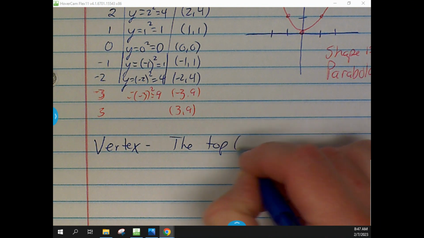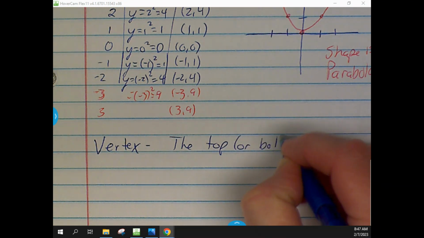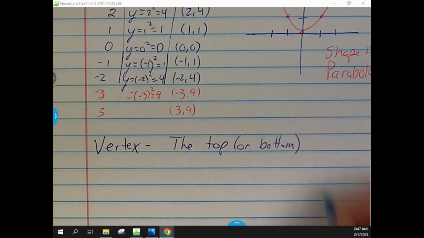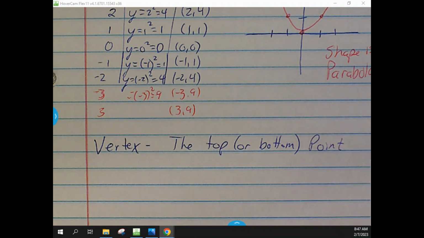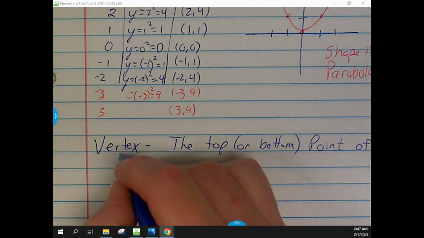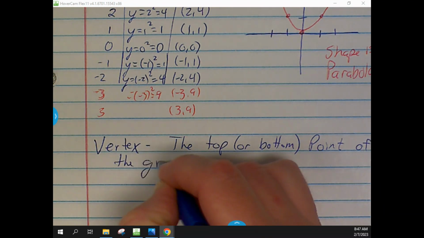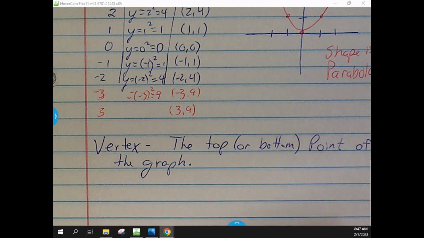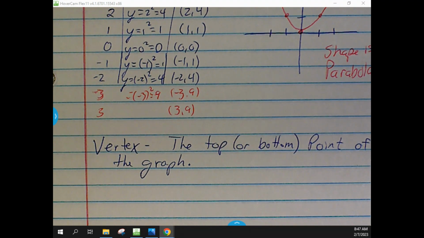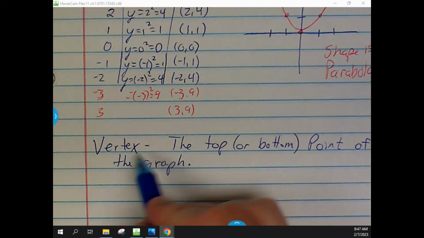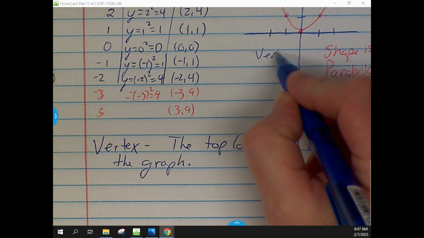So it's the top or bottom point of the graph. For us back here, our vertex for this one was at 0, 0.